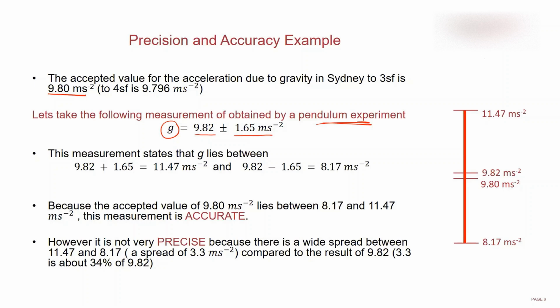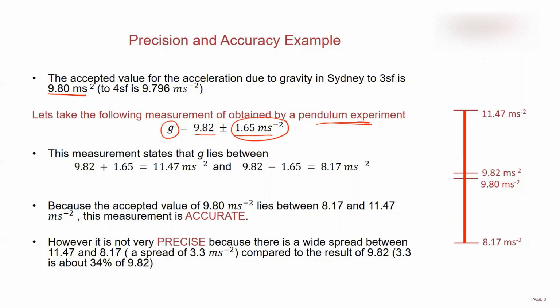Let's see whether this measurement is accurate and precise. The precision, or experimental error, is the number after the plus or minus sign, so it is 1.65. To see whether the measurement is accurate, we have to see whether the true value is within this range of the measurement.